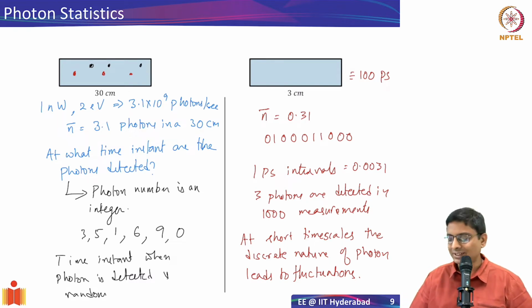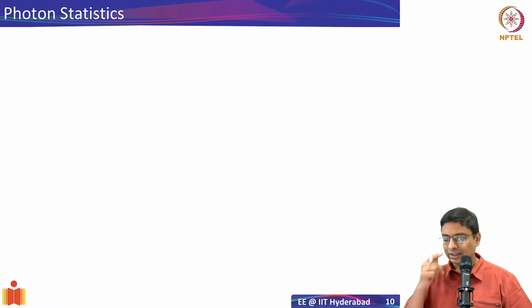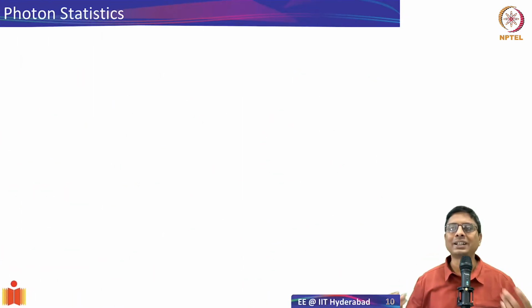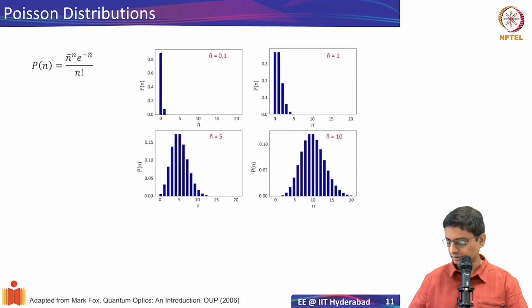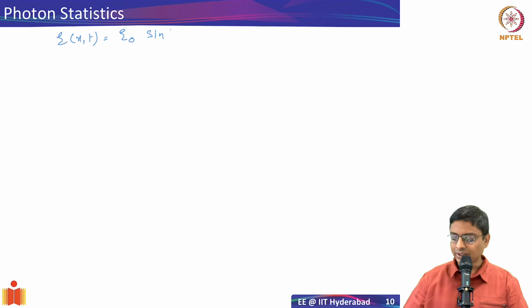Well, to understand that, let's just take a small detour. Let's consider a perfectly monochromatic wave. We have dealt with it many times so far. That's the electric field for a monochromatic wave, which will be of the form E naught sine(kx minus omega t plus phi).